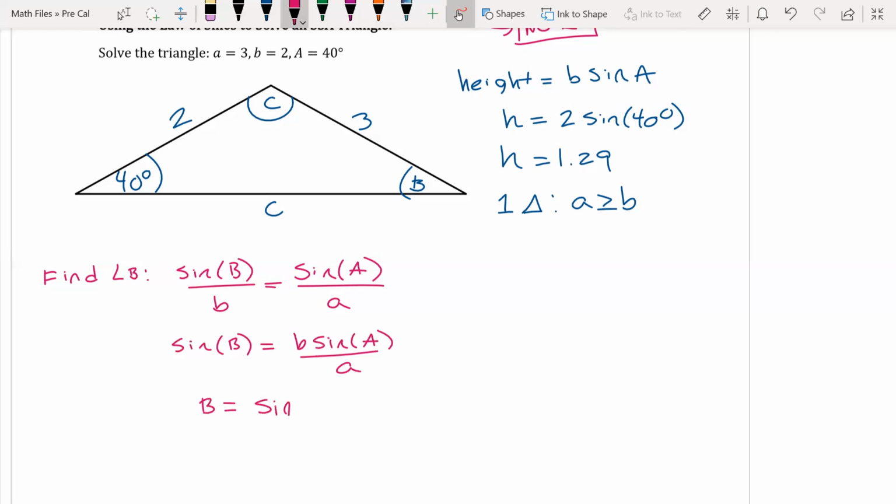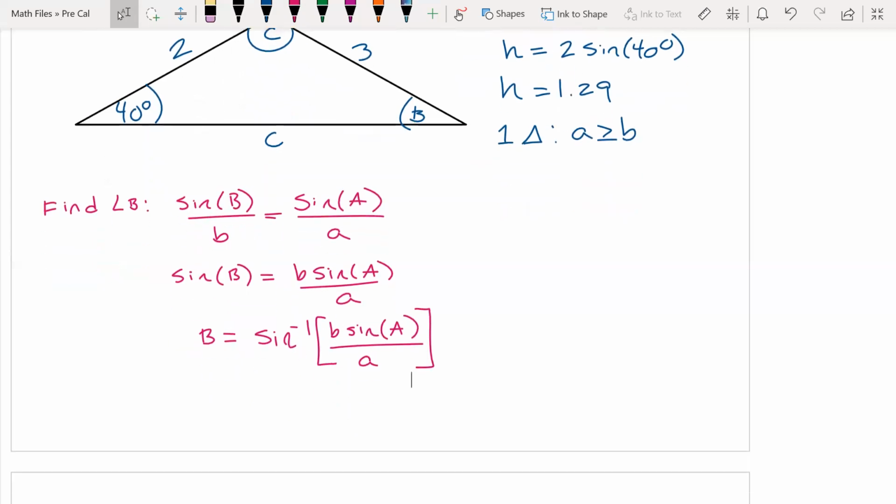B is equal to the inverse sine, and I'll put brackets just to be neat, of B sine A over A. And of course, you could replace it if you actually knew angle C instead and side C. So this is just a formula to solve for angle B. Okay, so this means that B is going to equal the inverse sine of side B, which is 2, times the sine of angle A, which is 40 degrees, over side A, which is 3.